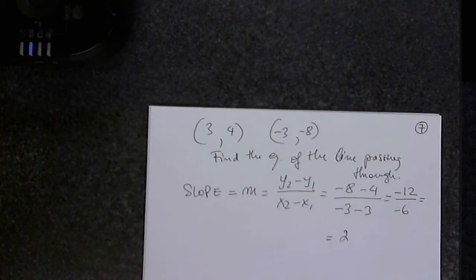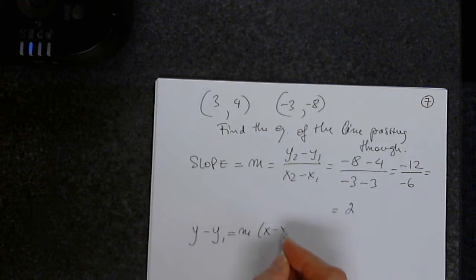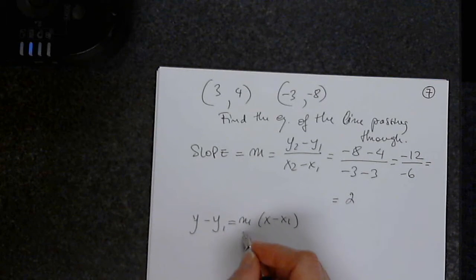Now I have the slope, and then how do I determine the equation of the line? You pick one of the points. Exactly, y minus y1 equals m times x minus x1. Which point you would like to pick doesn't matter. But the slope has to be 2.